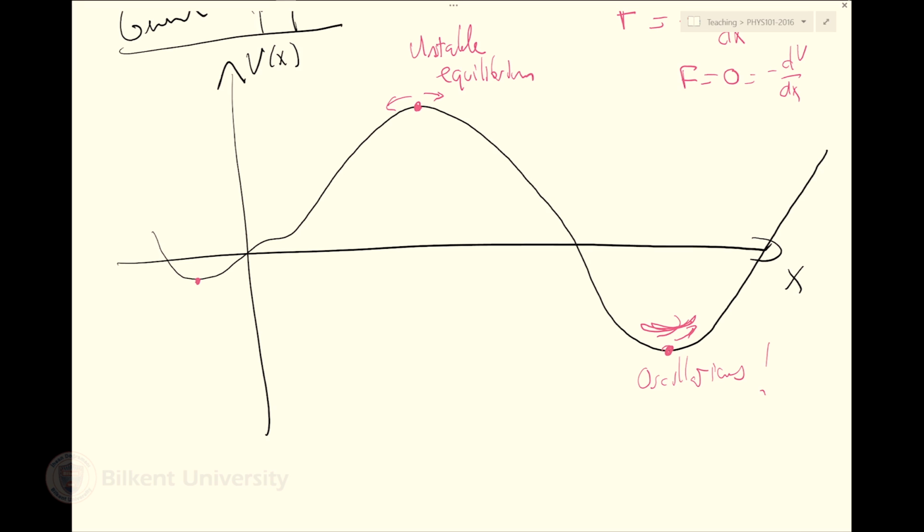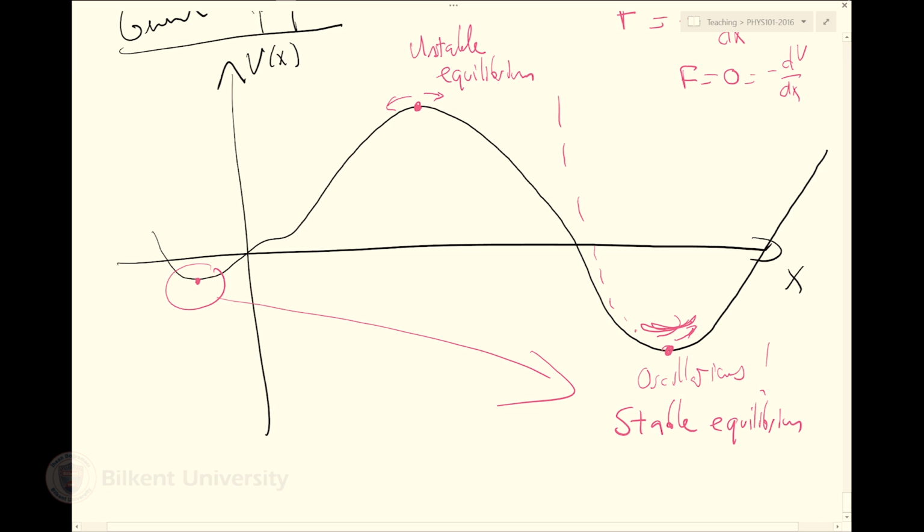If my system tries to come back to its equilibrium position, that's called a stable equilibrium. Another stable equilibrium is over here. So the nice thing is, whenever I have a stable equilibrium, I can essentially approximate the potential by a parabola.